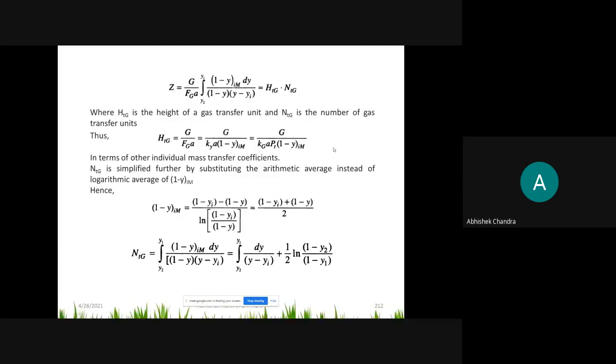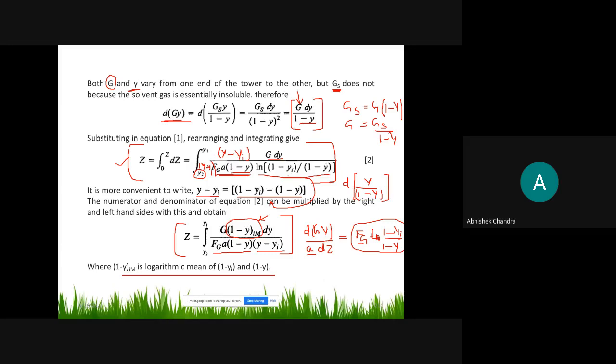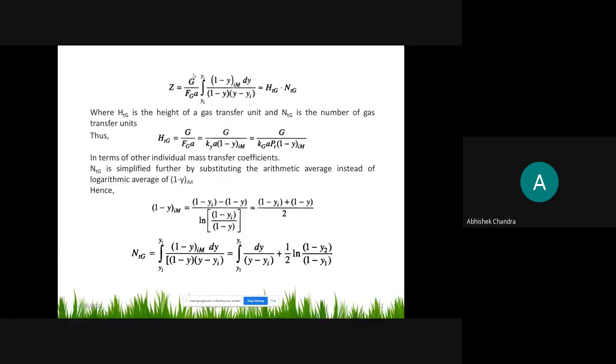Then again take the G, because G is a constant, this is not integration, this does not vary, so take it outside, and Fga is also taken outside, because Fga is the mass transfer coefficient for the bulk case, right. So Fga taken outside, so G by Fga taken outside, and within the integration 1 minus y im dy upon 1 minus y minus yi.